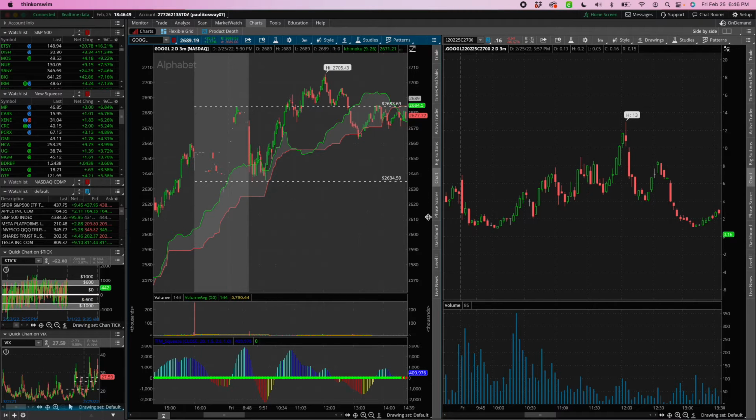I got my first entry right around here, which was at 2.7. Not my cleanest entry. After that first initial candle popped a little bit, it came back red. I was trying to catch it right at that same kind of wick, but it was moving pretty quick, so I caught it at 2.7, not the best.